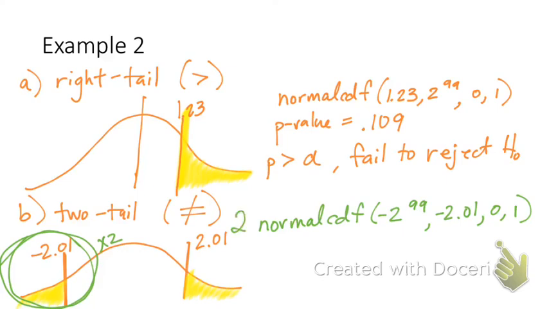And remember, I'm going to take 2 times that. So what's my final answer? 0.0444. Because it's a two-tail test. Now, is this less than or greater than alpha? Less than. So what decision do I make? Reject. Reject the H0.